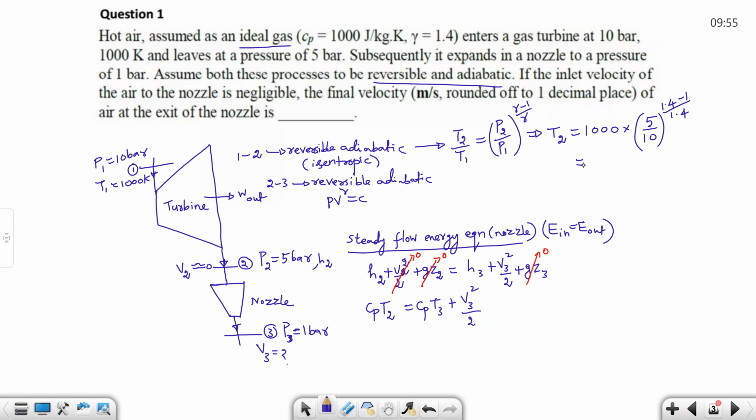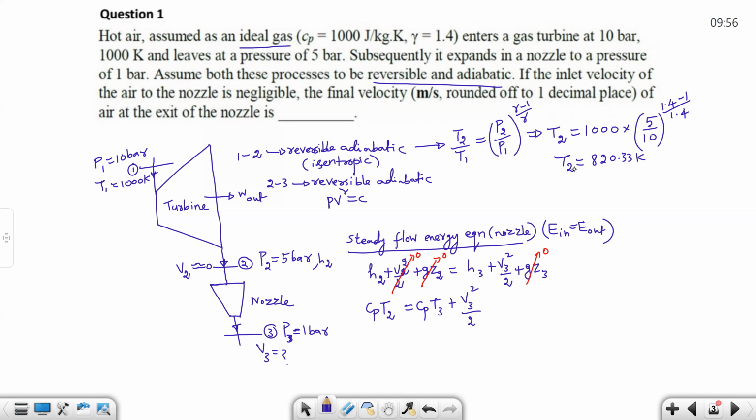So we see what the value of this is. 820.33 is your T2. So we got T2.